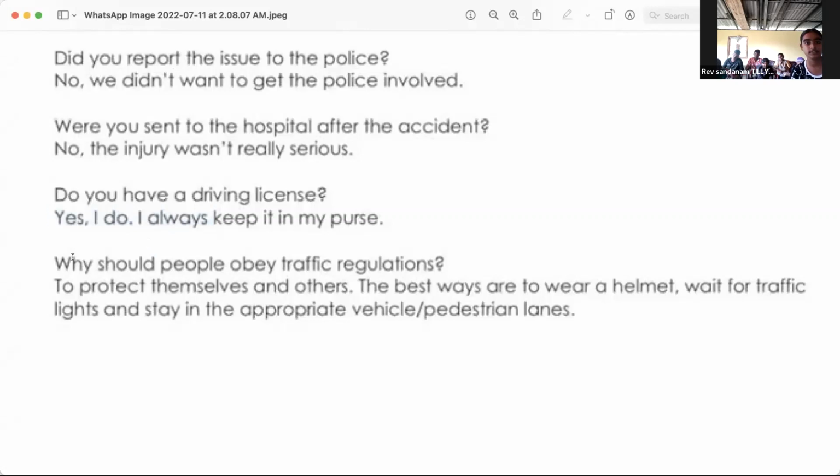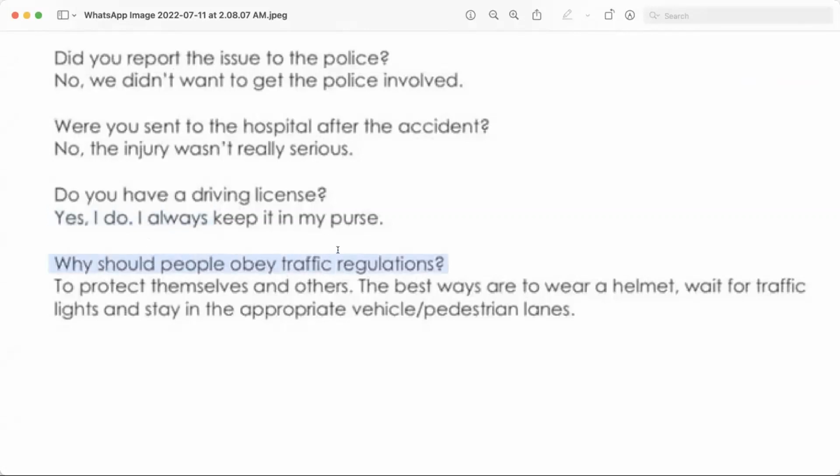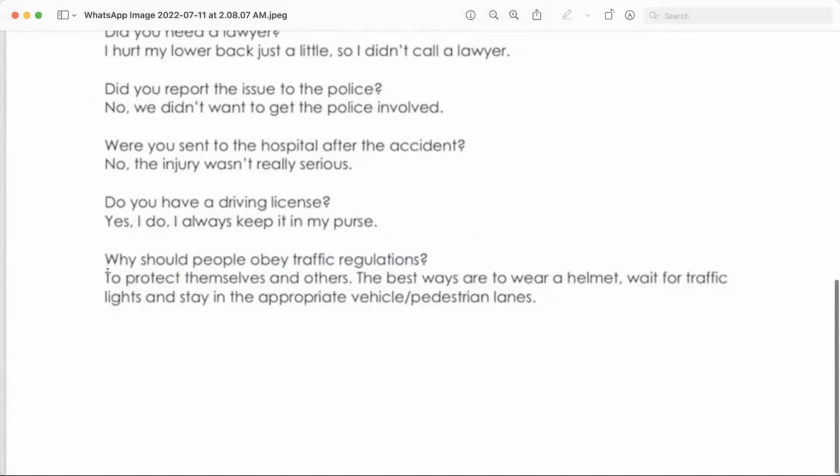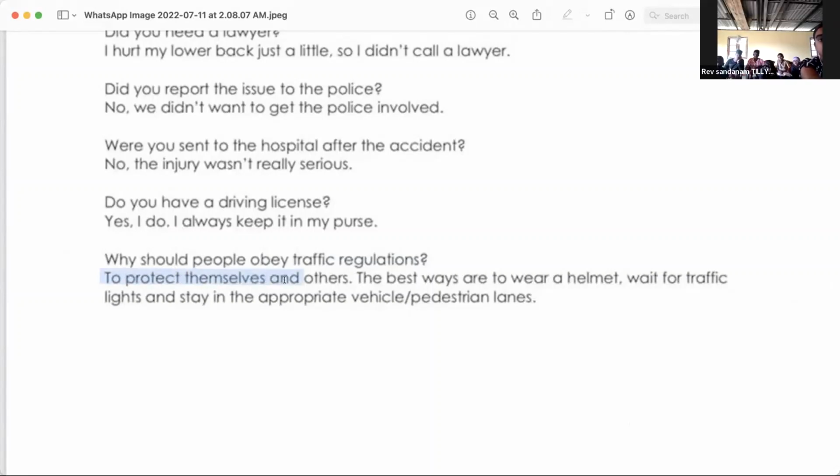Good, well done. Why should people obey traffic regulations? Last one. To protect themselves and others.